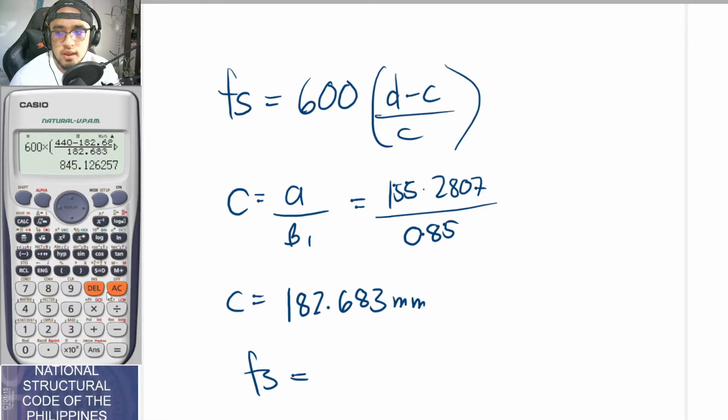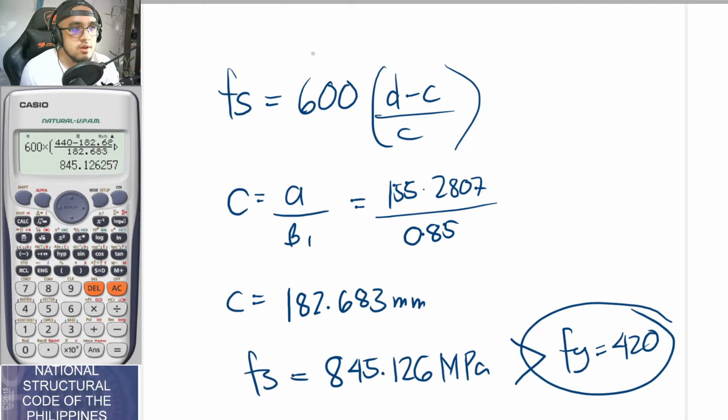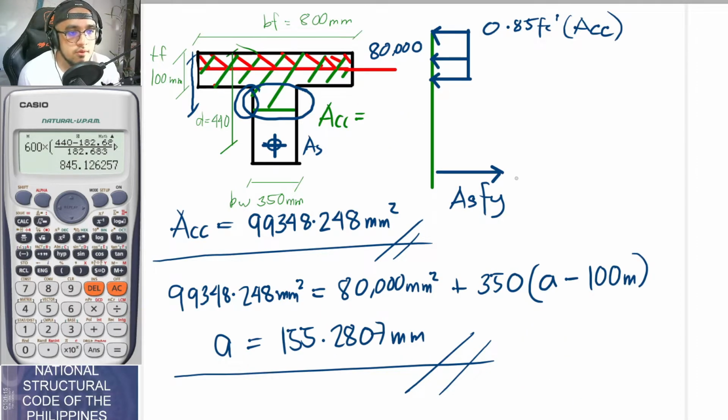Our answer here is 845.126 megapascal. What this means is that it is greater than your Fy, which is 420. With such, our assumption is correct, which is of course that our Fs would yield to our Fy. So this answer is accurate, because our assumption earlier is correct.